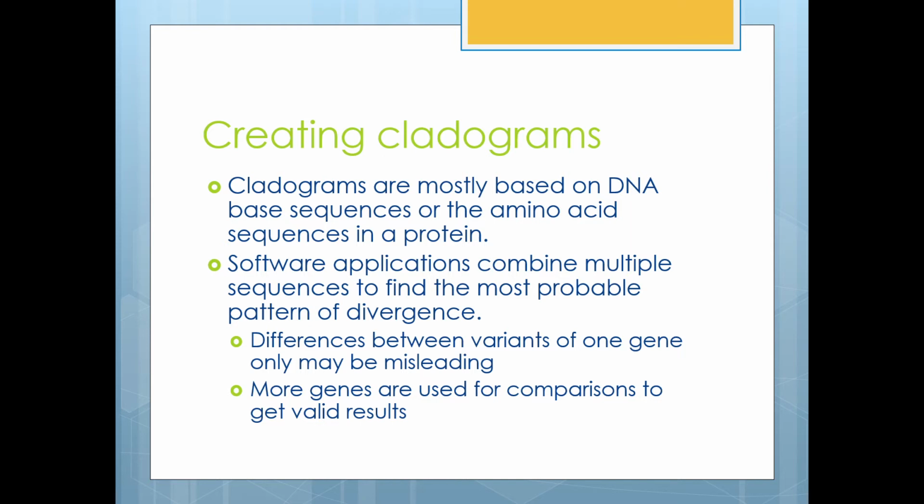You don't do that with naked hands, because it is impossible. Too many things to compare. In a moment I'll show you. Instead of that, you upload the data to some software, and the software will try to analyze all similarities and differences and then propose the most likely evolutionary tree showing these relationships.